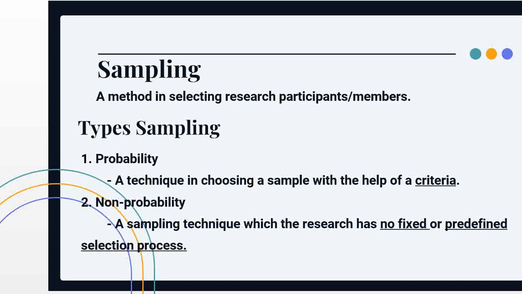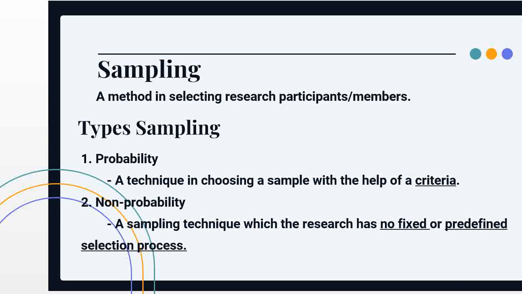What does it mean? We are going to get a sample from a population using particular criteria. Ibig sabihin, all of the respondents in that population, or all of the informants, let's say 200 senior high school students, has the chance to get selected to be your sample. That's the meaning of probability.